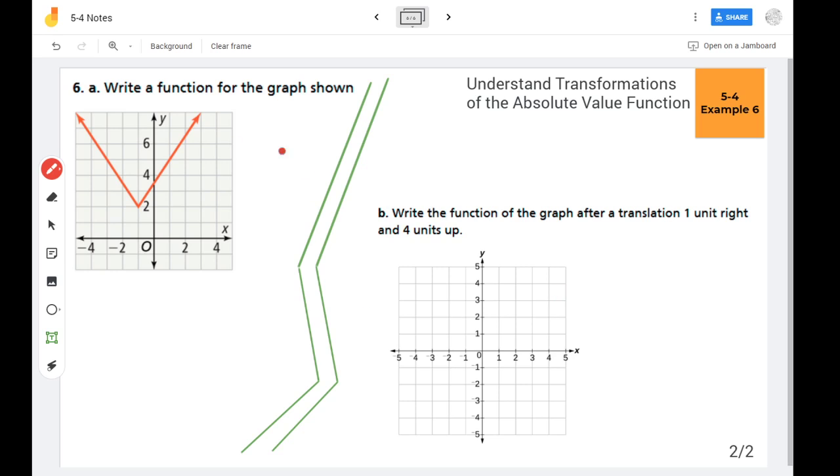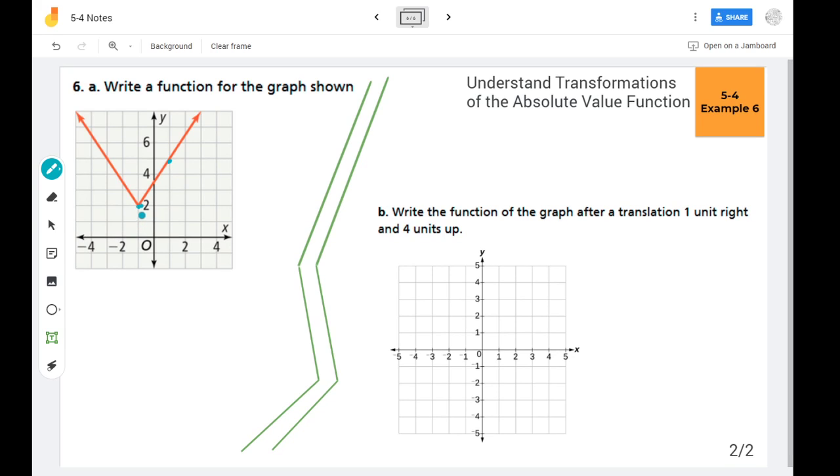Alright, so they have us doing it for a couple more graphs just to practice. So let's go ahead and check this one out. So again, my a value is the slope of my right-hand side. So I'm just looking for this slope right here. So it looks like we rise by 3 and we run by 2. So the m, which is our a value, is 3 over 2.